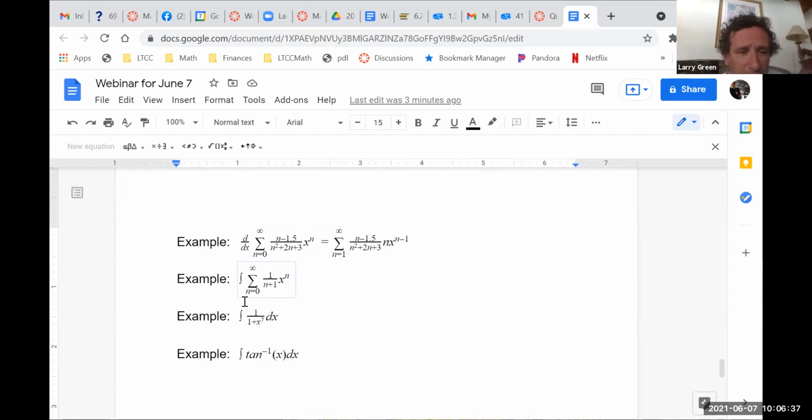How about the integral, n equals 0 to infinity of 1 over n plus 1, x to the n? I bet you can do that. See if you can try it.